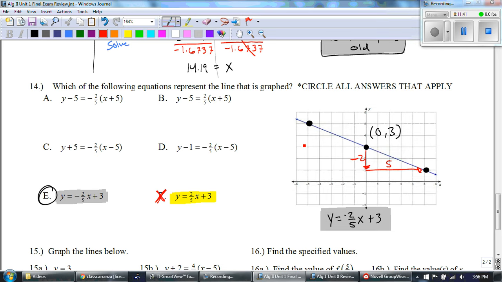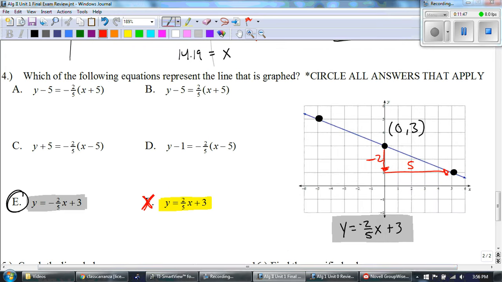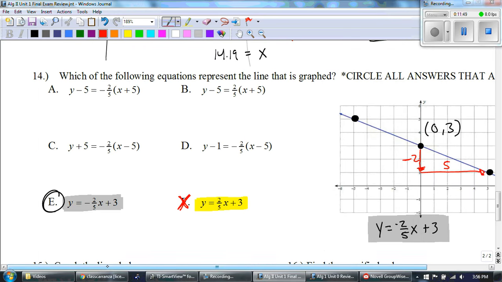Okay, now, how do I figure out the other two? Or the other four? Is by going through and solving it. Now, let's take a look at A first. So remember, we have to distribute. So we get y minus 5 equals -2/5 x.